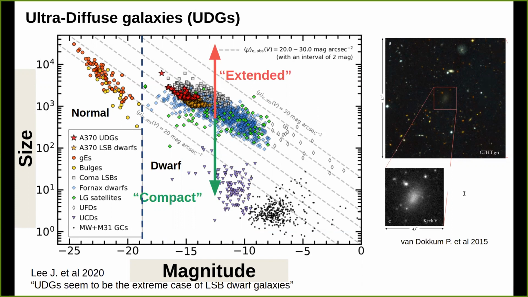Typically or traditionally, these UDGs live in clusters or groups, or in general, high-density environments. But it's important to study these populations of UDGs in all environments, from high density to low density, with their respective properties.